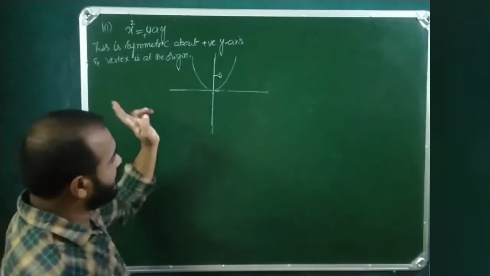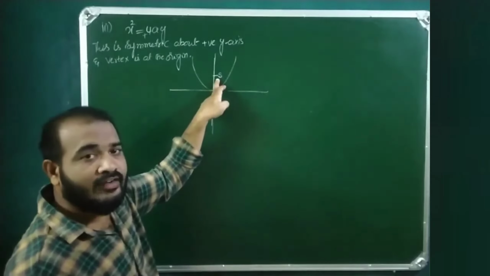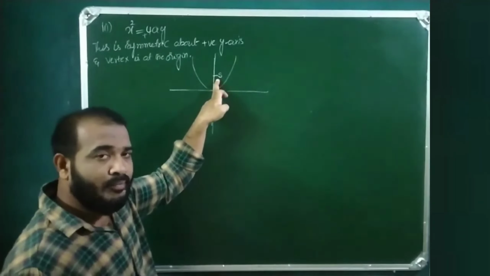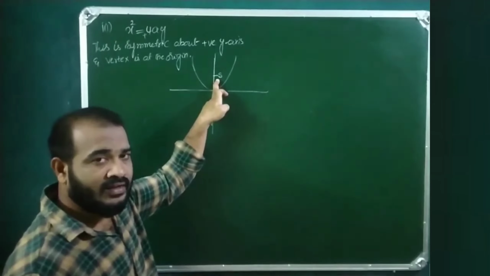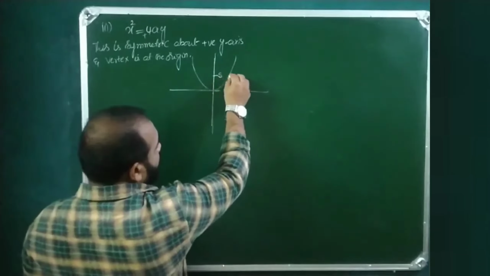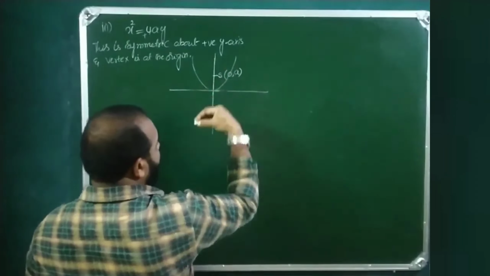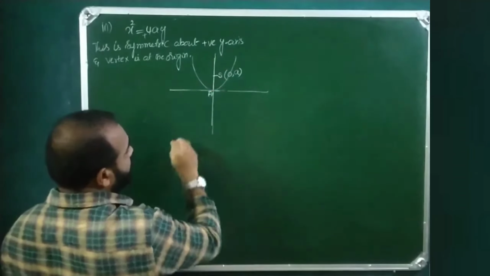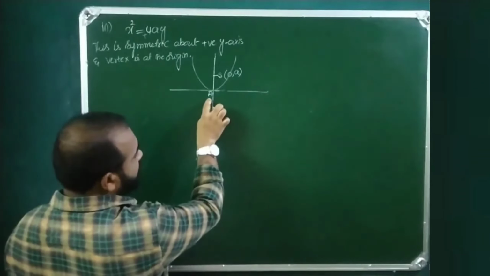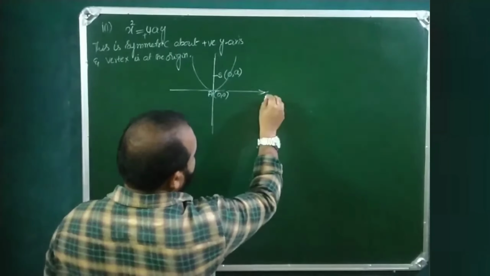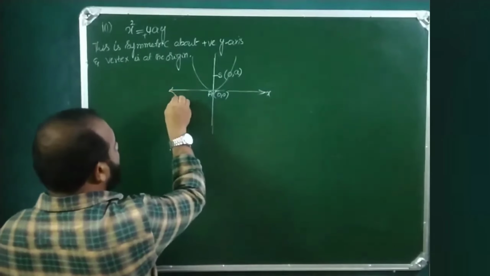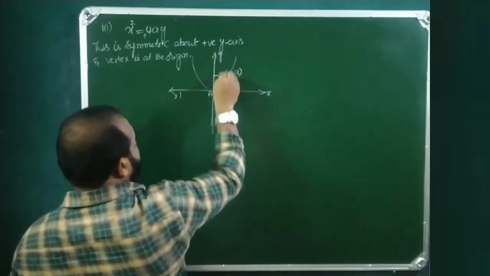Since the focus is lying on the y-axis, any point on the y-axis can be taken as (0, y). So at this distance, it is (0, a). And this is the vertex, which is the origin (0, 0), the point of intersection of the x-axis and y-axis.